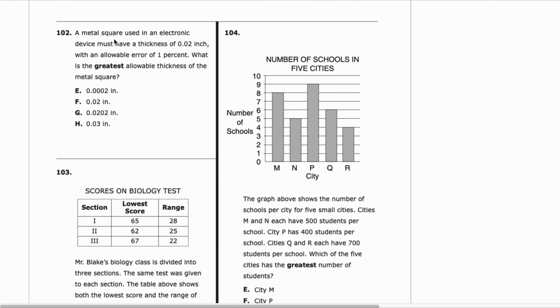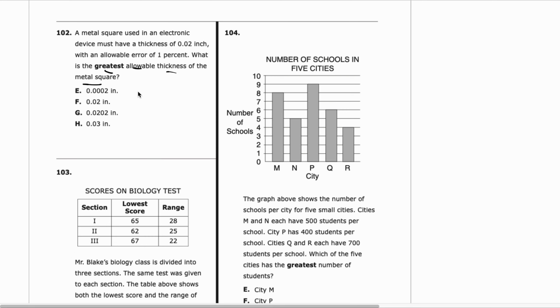Okay, now on to 102. So a metal square used in an electronic device must have a thickness of 0.02 inch with an allowable error of 1%. What is the greatest allowable thickness in the metal square?